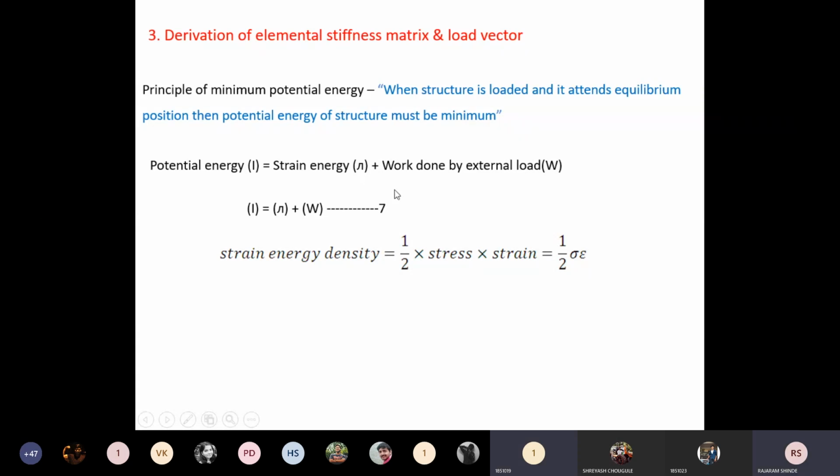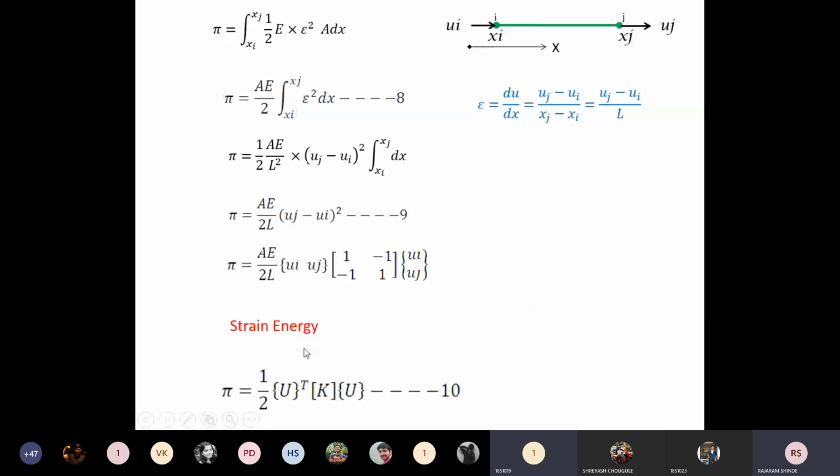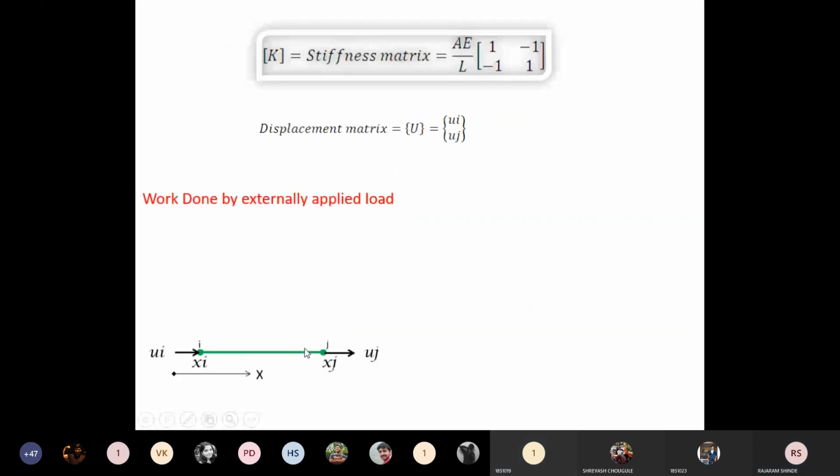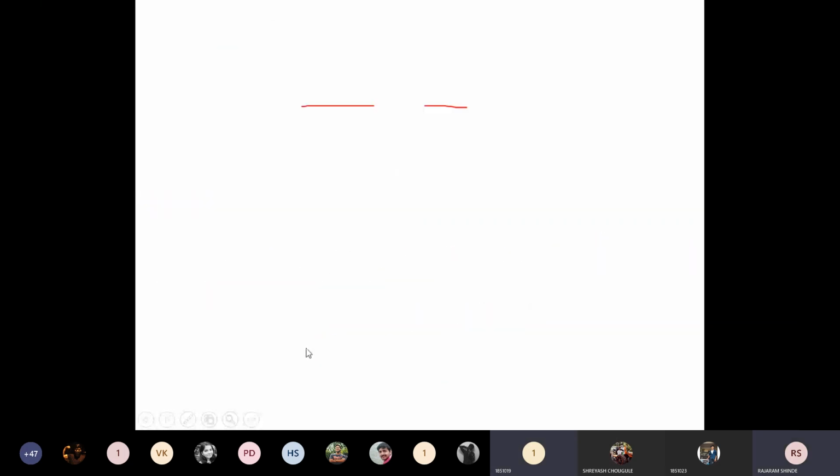Okay, sir. And this work done is because of the applied load. Okay. And resistance and applied load are both in opposite directions. Okay, have you got it now? Yes, sir. Next one. Any more questions?